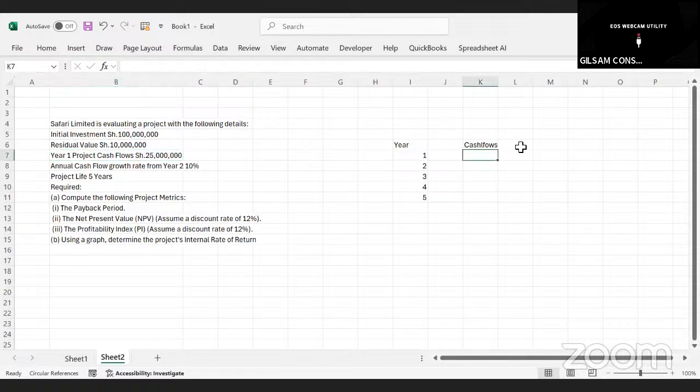So for year 1 we need the cumulative cash flow, which is 25 million, so we can use millions. And then cumulative year 1 will still be 25 million, but we have been given these values, will they be constant throughout the years?